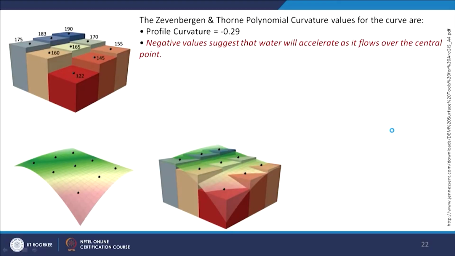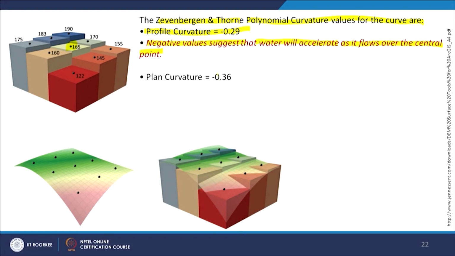Now, different methods again like Evans-Young and Zevenbergen-Thorne method for polynomial curvature values for a curve, profile curvature, which is giving value 0.29, and that negative value suggests that water will accelerate as it flows over the central point. So, this is for the central point, this one.